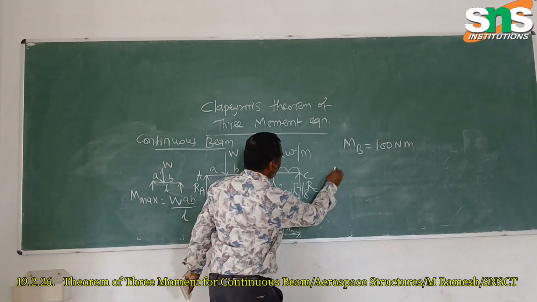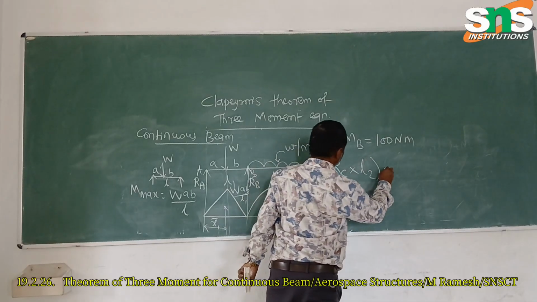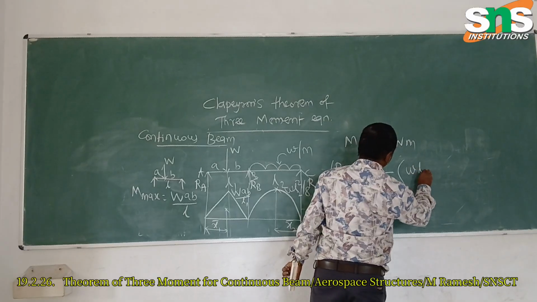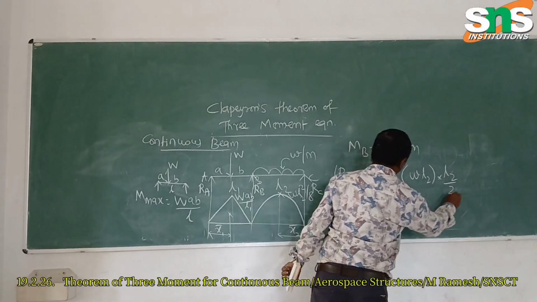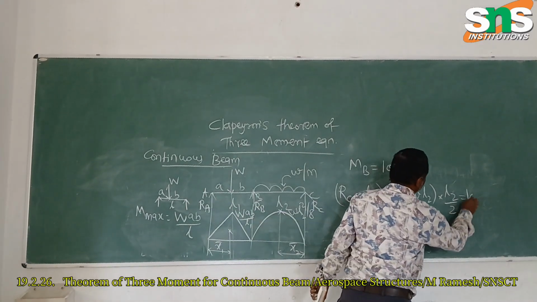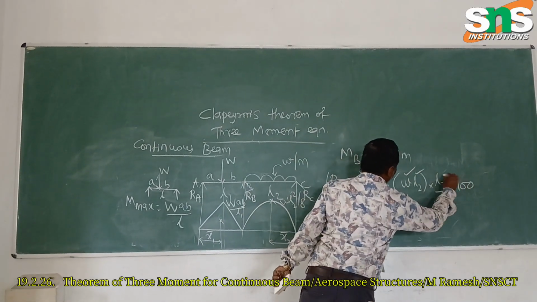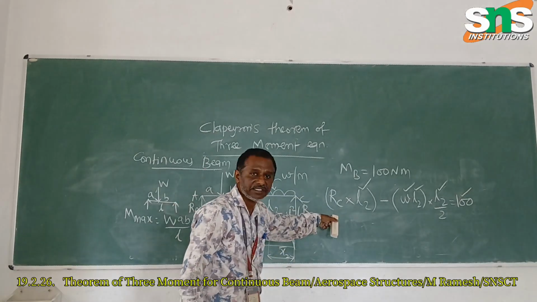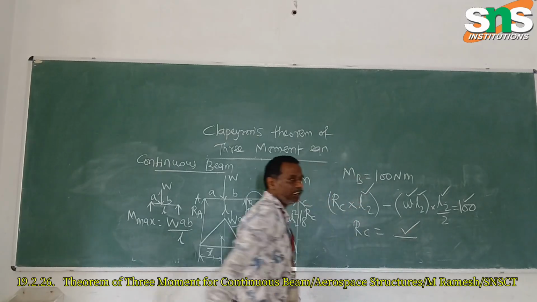I can write RC into L2 minus, since it is a downward force, first convert into force, W into L2 into L2 by 2, half of the value. That is equal to 100. Here also I know L2, and all things are known values. The only unknown is RC, so I can get the RC value.